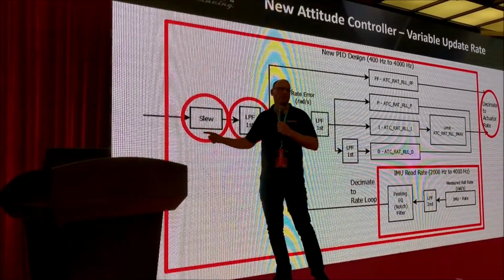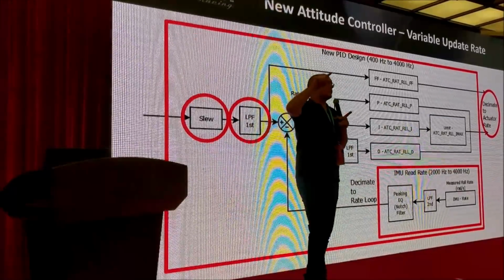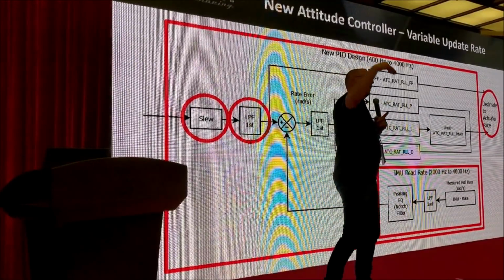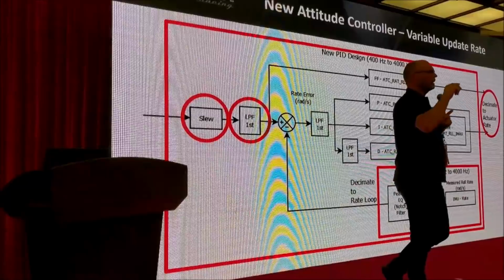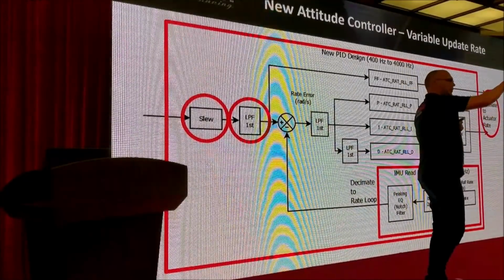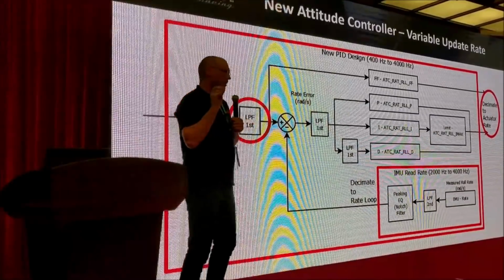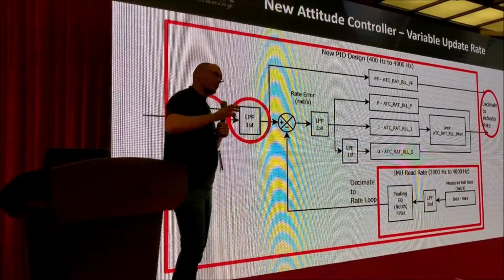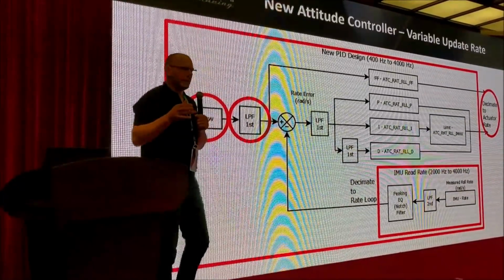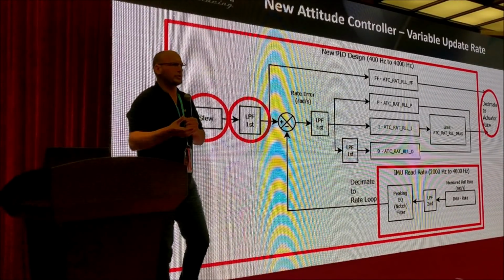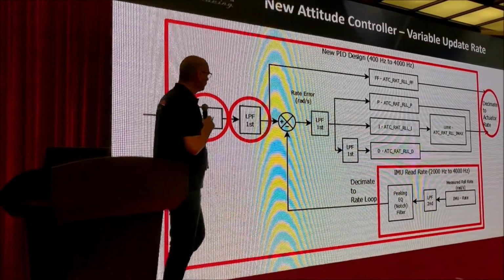This slew box here joins those dots and turns that low rate signal into a smooth input into the rate controller. It adds a little bit of delay too, which isn't a good thing, but that's one of those trade-offs you need to make as an engineer.